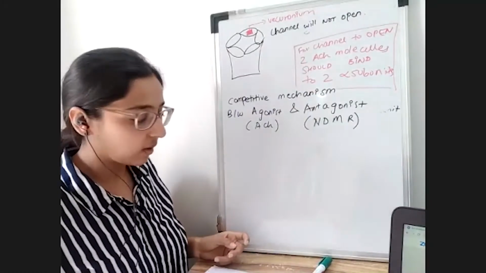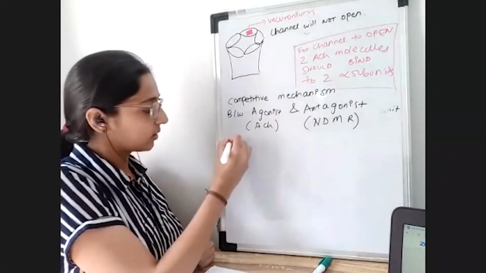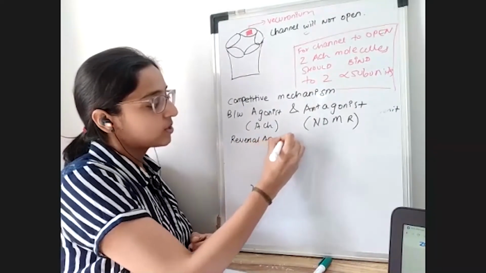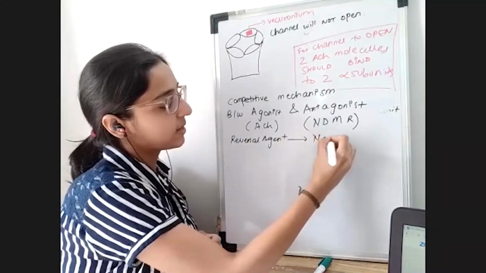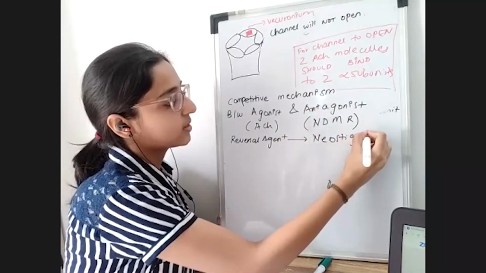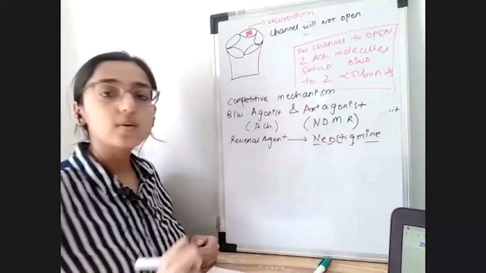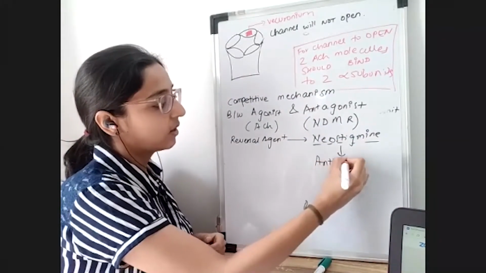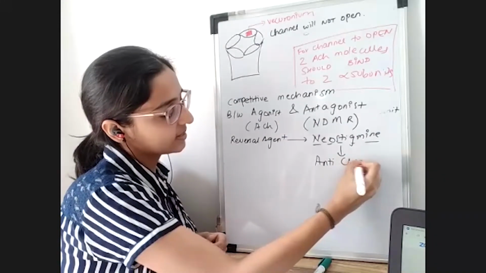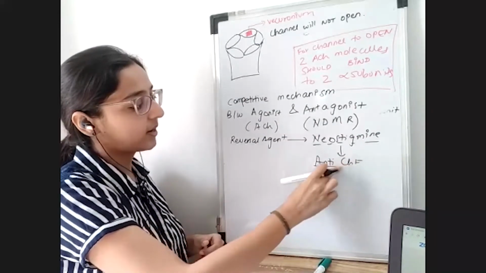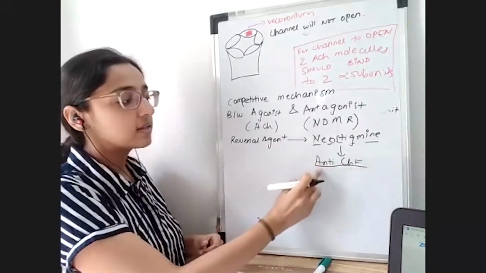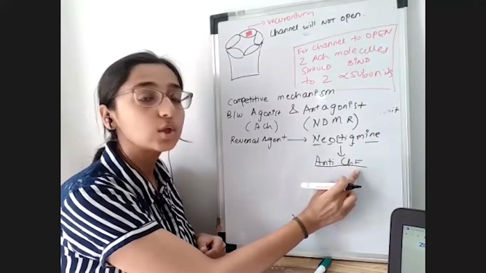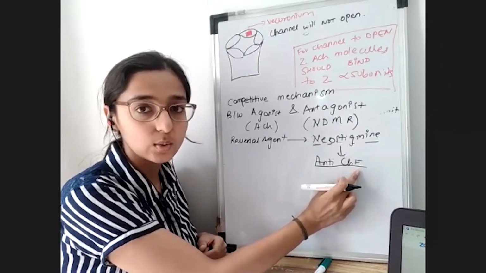Now what happens when we give a reversal agent? Which reversal agent do we use? Most commonly, we use neostigmine. What is its property? It is an anti-cholinesterase drug. Cholinesterase, as we know, is the enzyme required to metabolize and destroy the acetylcholine in the neuromuscular junction.